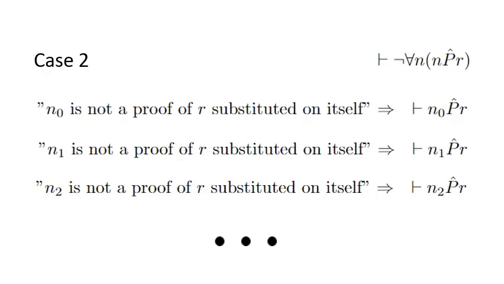So the system cannot be omega consistent. And so this proves Godel's first incompleteness theorem. If the system is omega consistent, then you can neither prove r nor prove the negation of r.